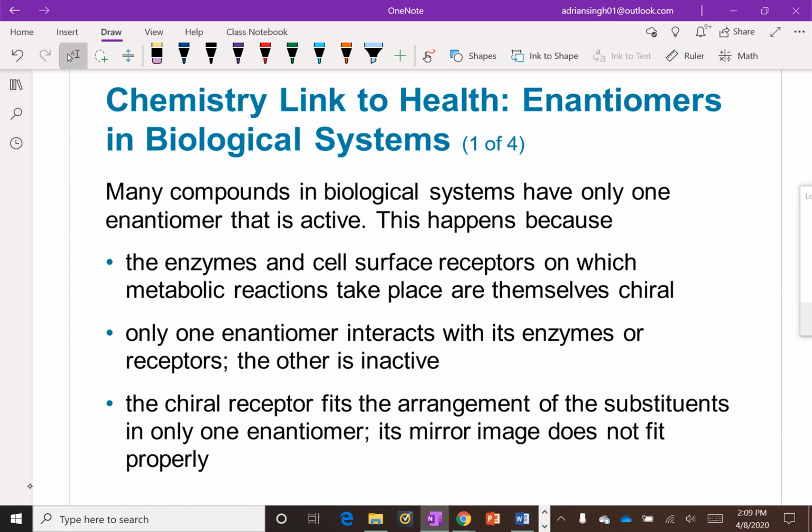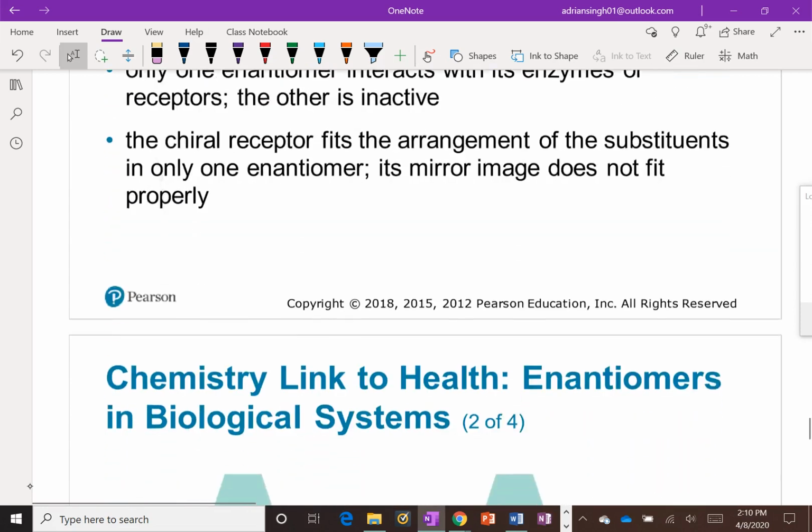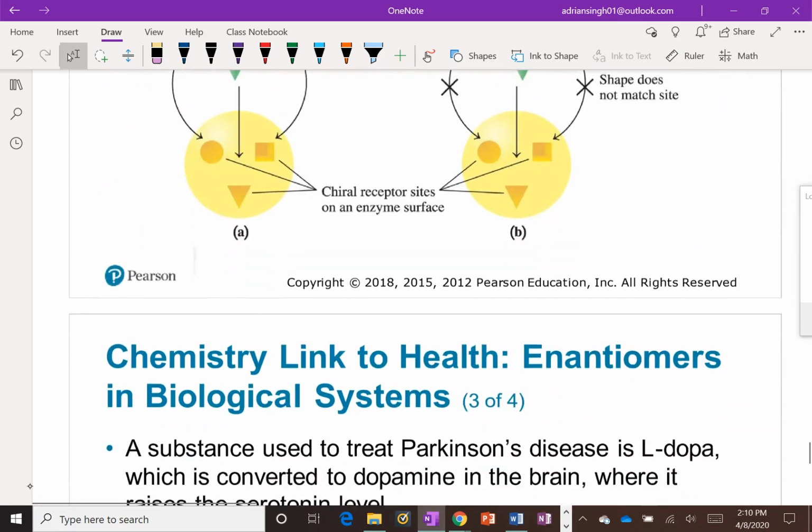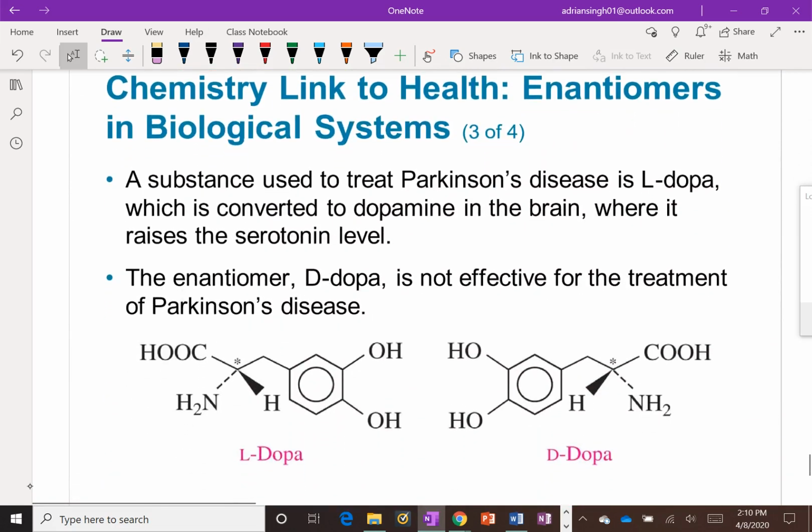For instance, enzymes in your body are able to catalyze or speed up reactions. In these enzymes, there are specific regions that only recognize one particular shape. And if that shape is not there, that enzyme is not able to catalyze or speed up a particular reaction.